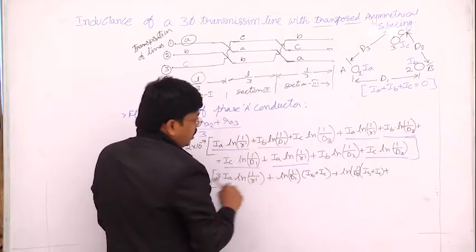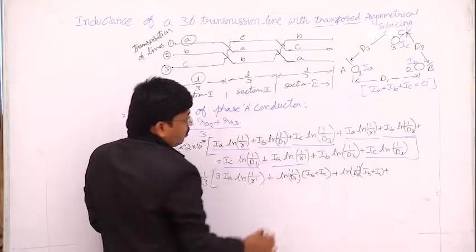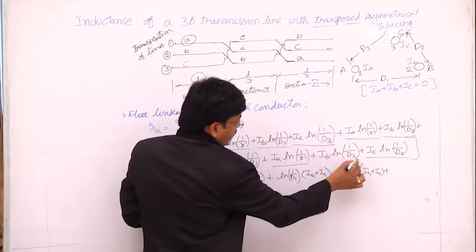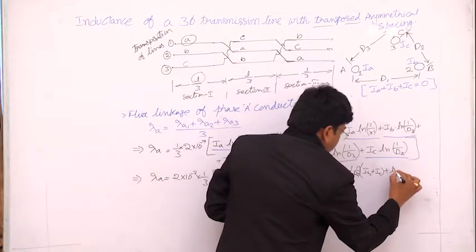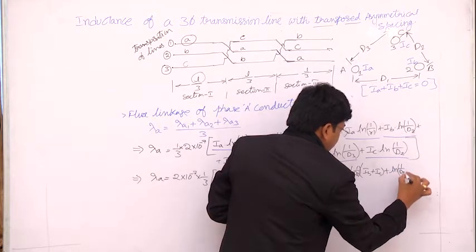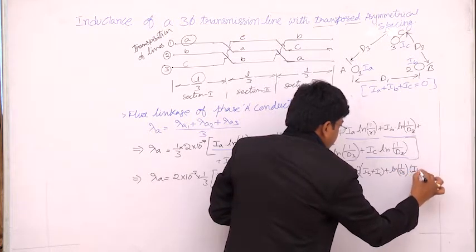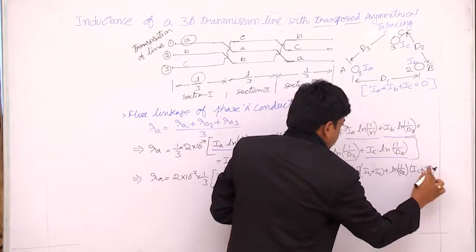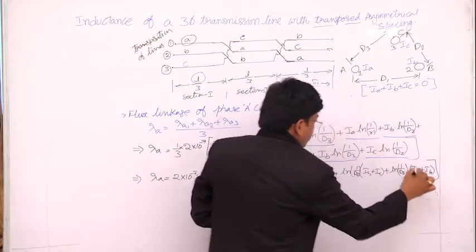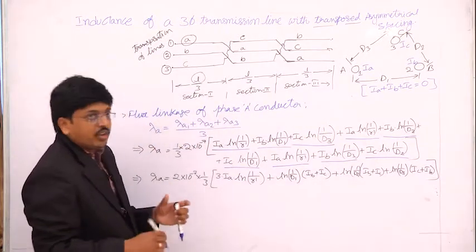Similarly, from this term, IC into logarithm of 1 by D3 and IB into logarithm of 1 by D3. So logarithm of 1 by D3 is the common factor, and this is IB plus IC. Okay. IC plus IB. So this is the resultant value.